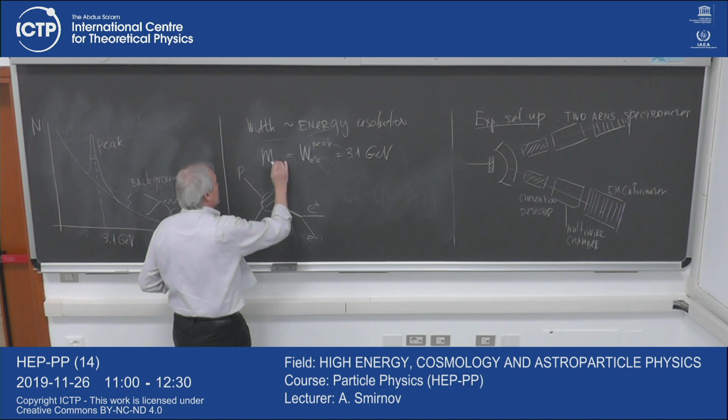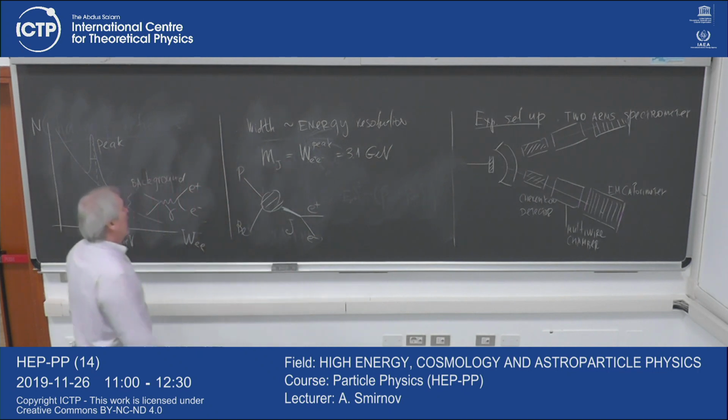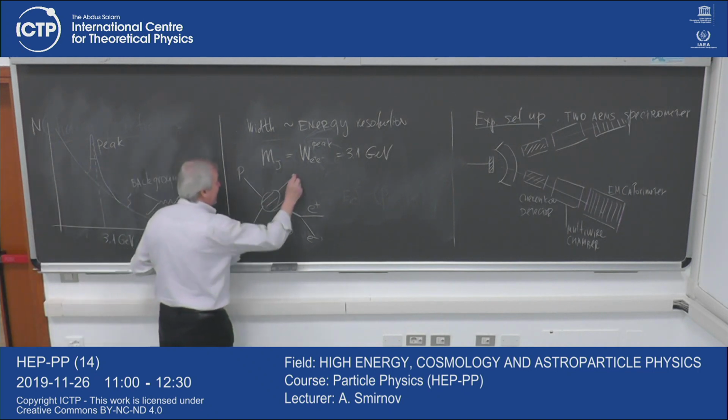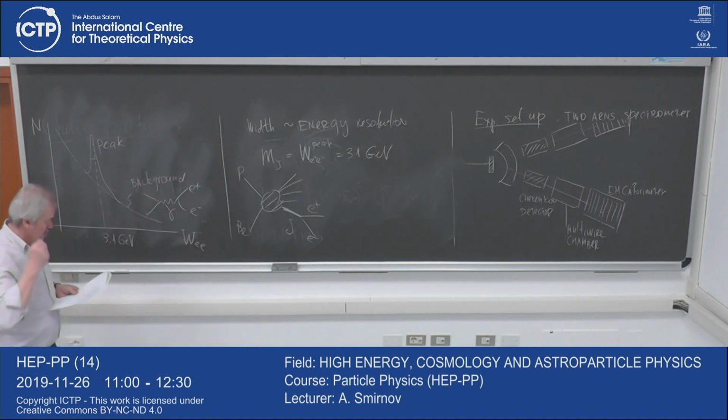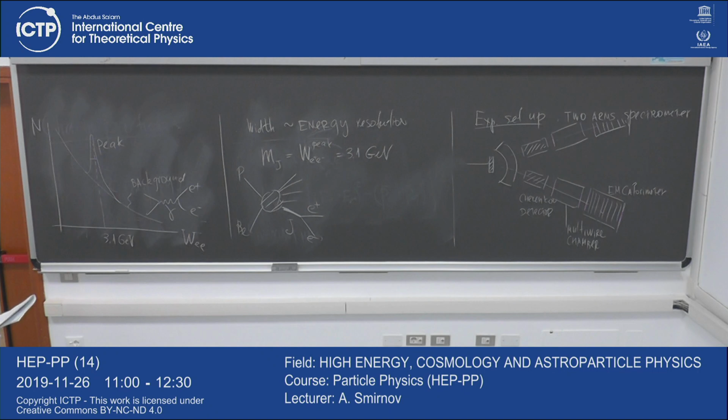Let me write here J. So this new particle has been identified as the J particle, and then there was a set of hadrons usually accompanying the production of this particle. So the particle decays electromagnetically into e plus, e minus.